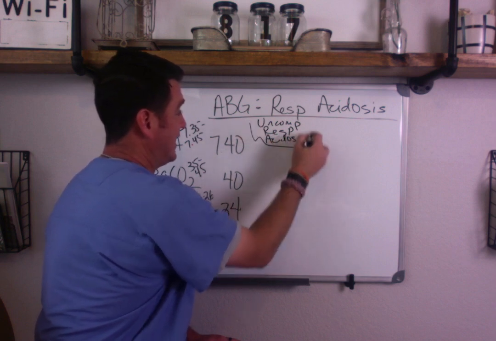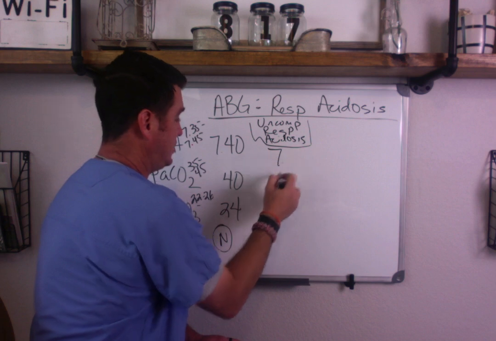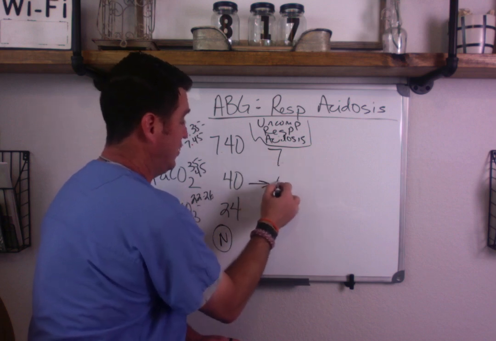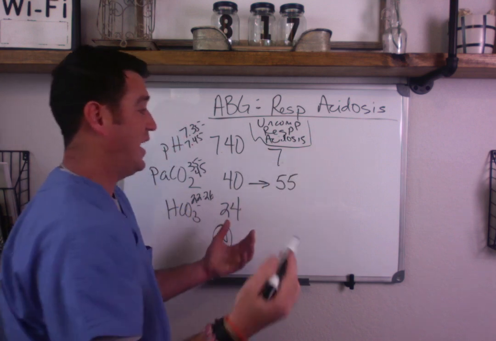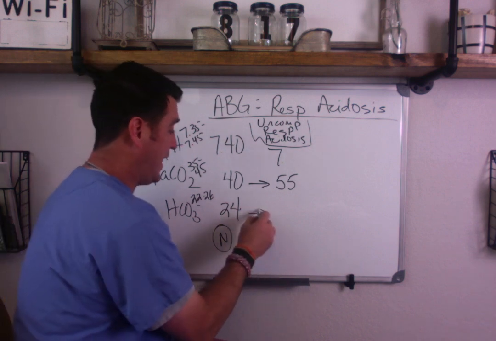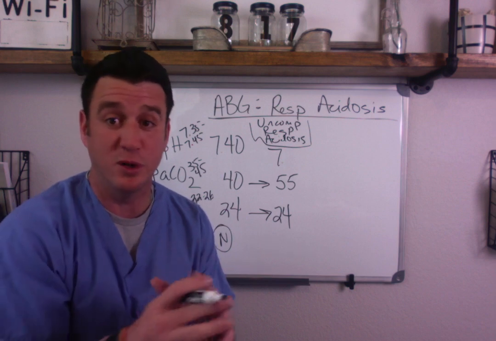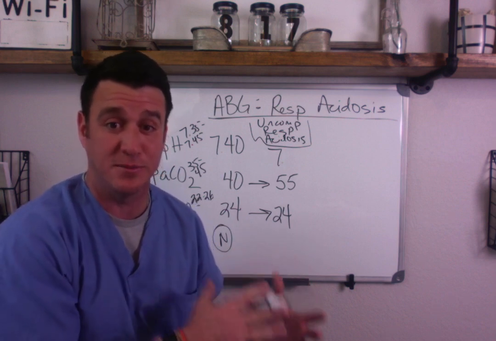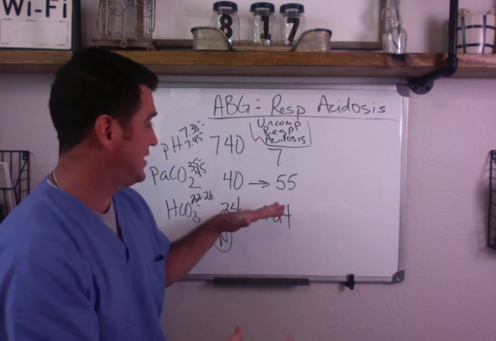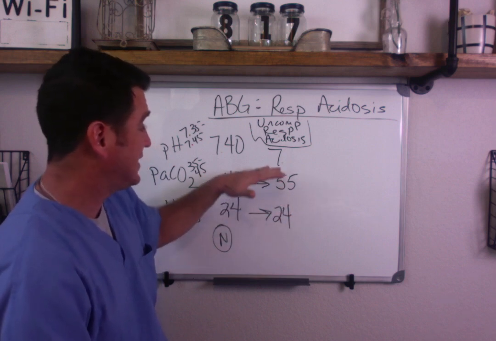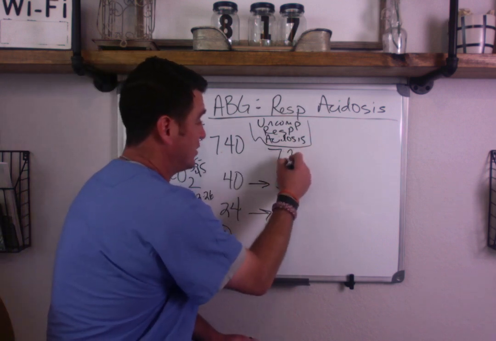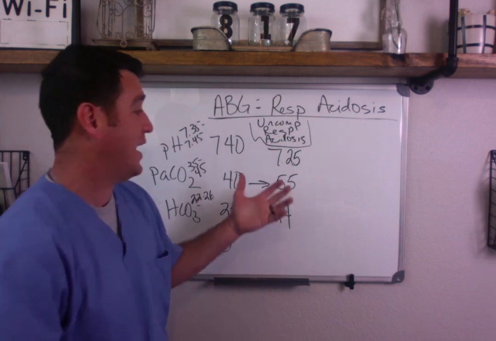And what it will look like is this. First of all, your CO2 goes up. Let's just say to 55. Your bicarb is initially going to stay the same. It's not going to move initially. Remember, bicarb takes time to move. So your bicarb stays the same. And what this does is create an acidotic pH. So we're just going to say 7.25.